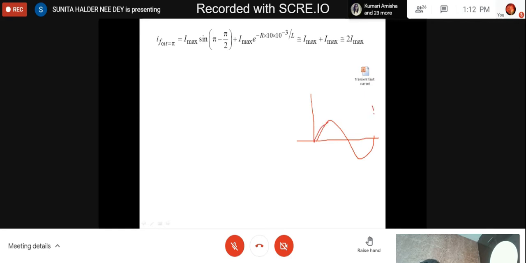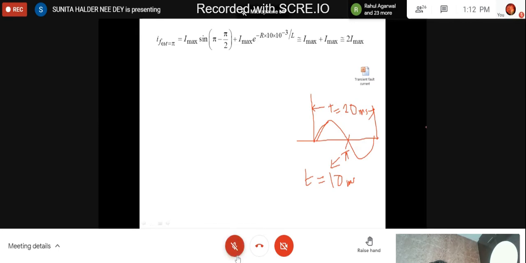So at 50 Hz, the period of one wave is 1 by 50 second, so 20 milliseconds. So pi means actually this point, and t corresponding to pi is obviously 10 milliseconds. Did you understand or not?